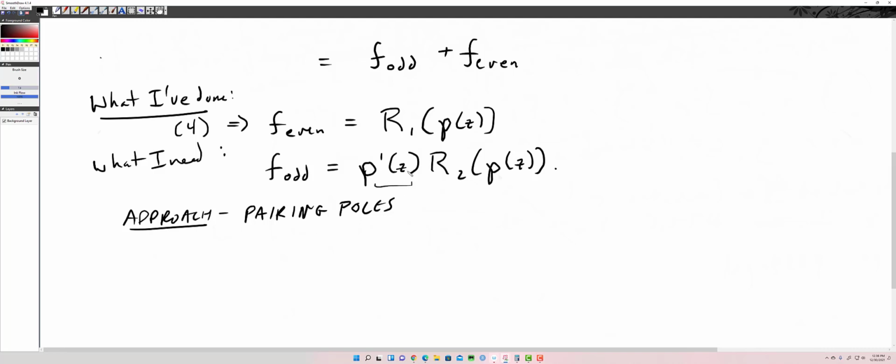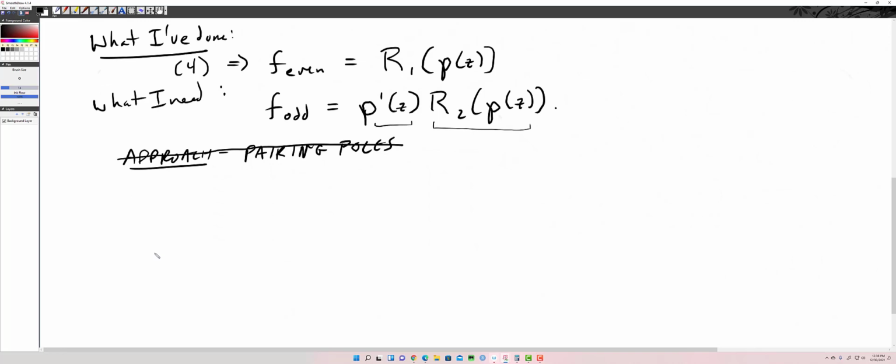Like, why would I not use some rational function of P prime or something like that? So I'm not going to go that way. Another idea which might be more fruitful is looking at this as a derivative of an even function, but I don't really even have to do that.